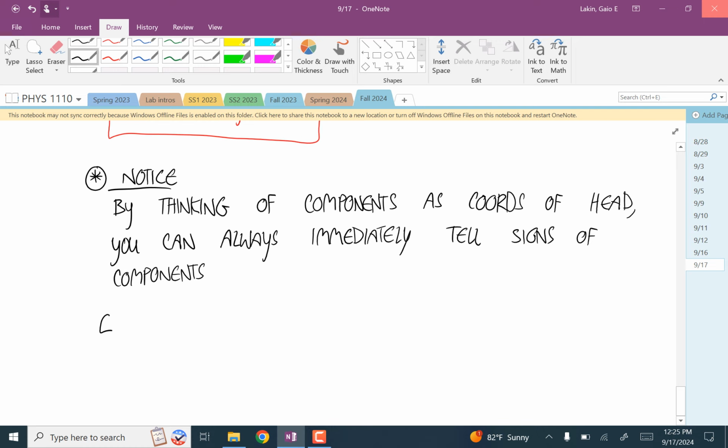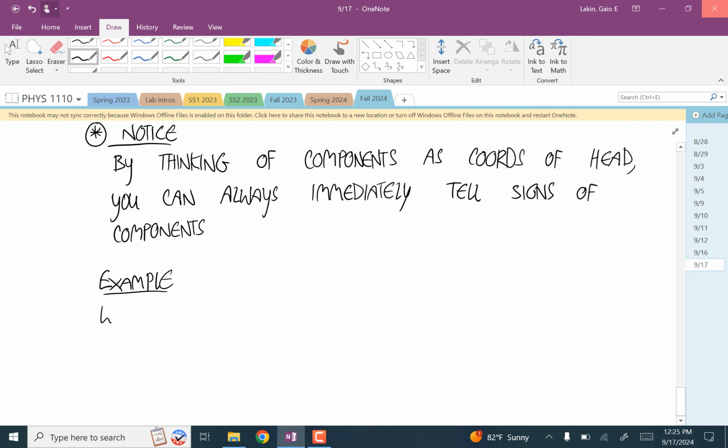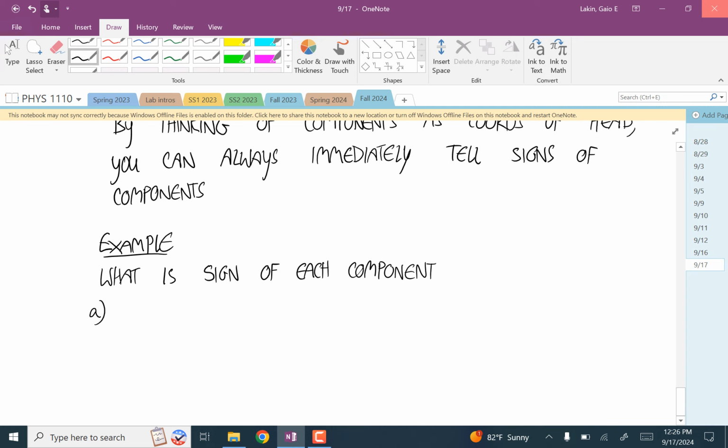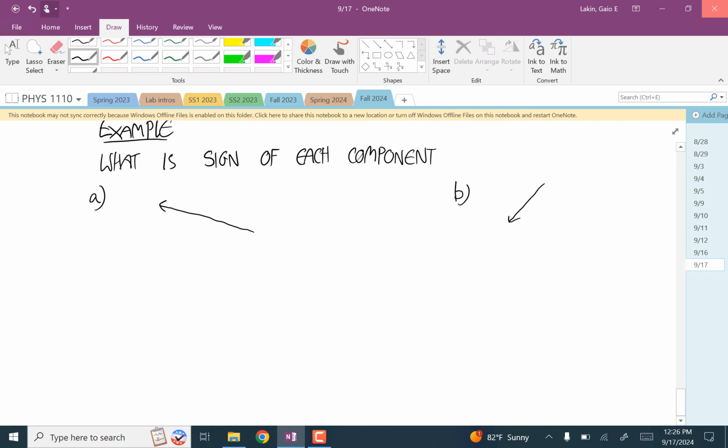Okay, so let me draw a few vectors here. This is sort of like an example problem. What is the sign of each component? And so the first one is this vector. The second one is this vector.